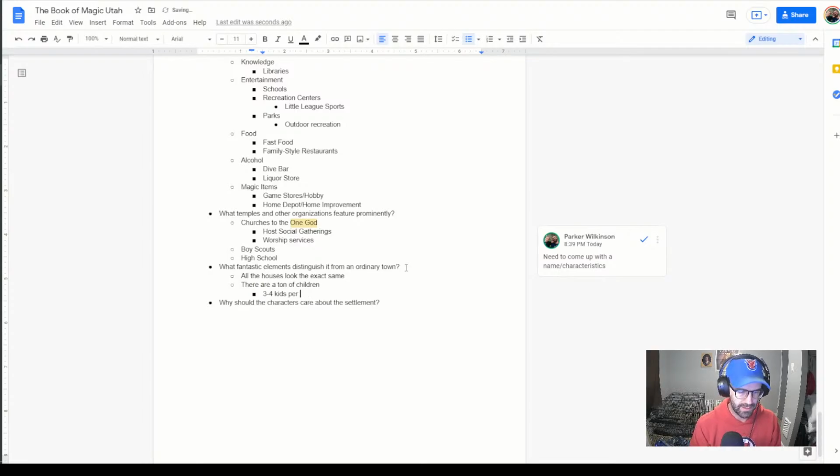Actually, it's per couple. So it's like a 2-to-1 ratio, two kids for each adult. 1.5.